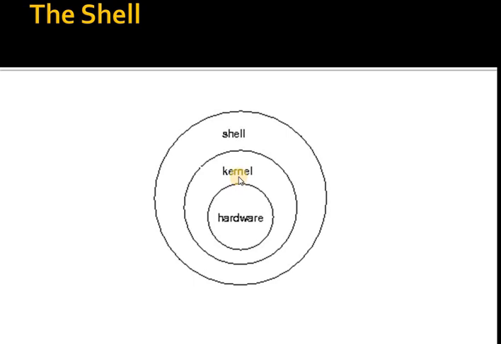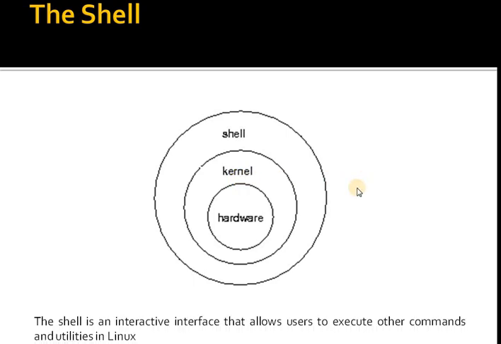So now we shall see the shell in detail. The shell is an interactive interface that allows users to execute other commands and utilities in Linux. Okay. So the commands and utilities will be in the kernel, and the shell will take the instruction from the user and give it to the kernel.